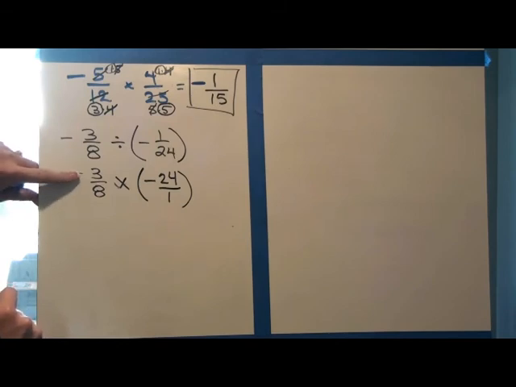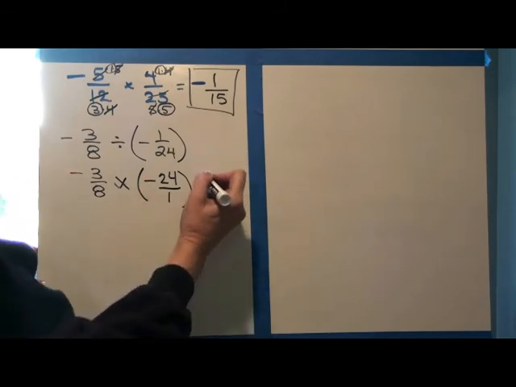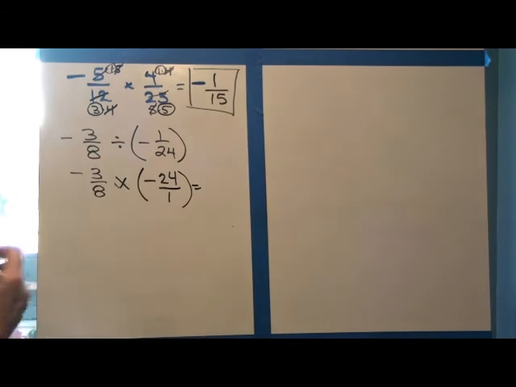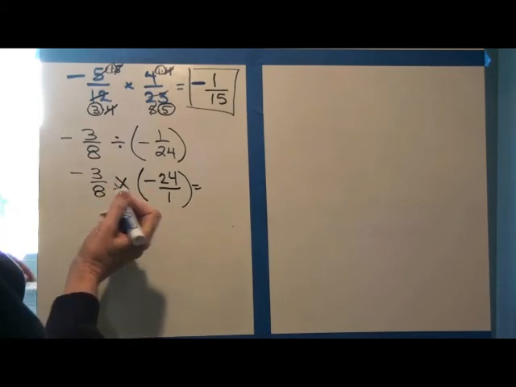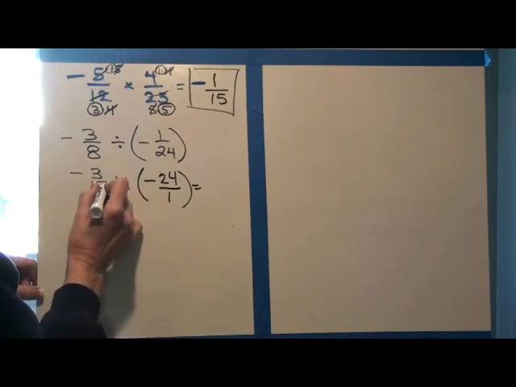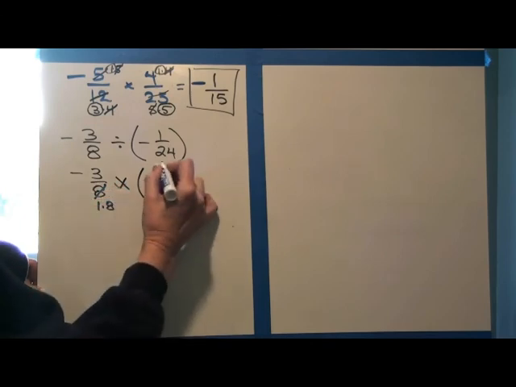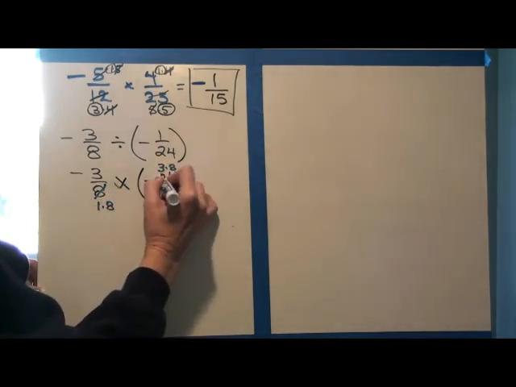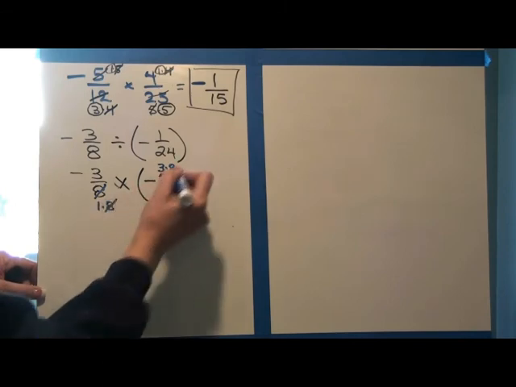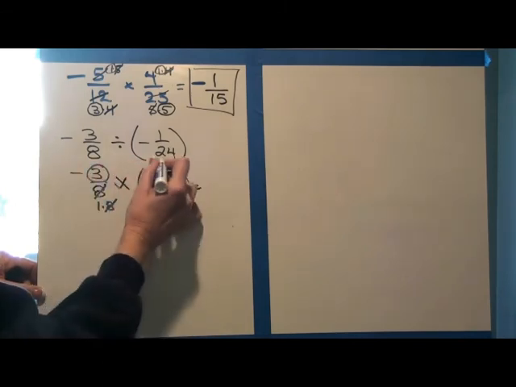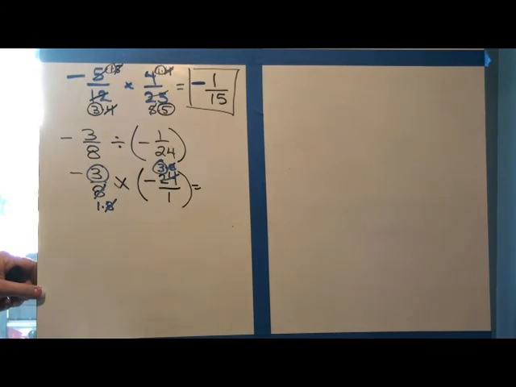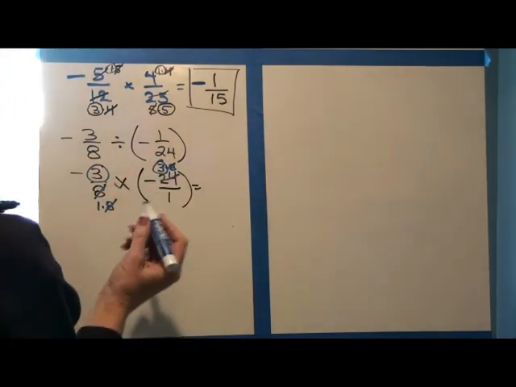This example is a negative times a negative, and we know that our answers, when we're dealing with a negative times a negative, we know our answer will be a positive. So we want to reduce. 8 and 24 share an 8, so 1 times 8, and 24 is 3 times 8. So I can reduce out my 8s, leaving me with a 3 and a 3 in the numerator, which 3 times 3 is 9.